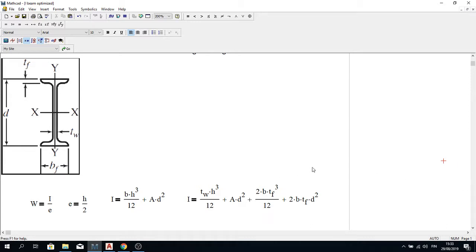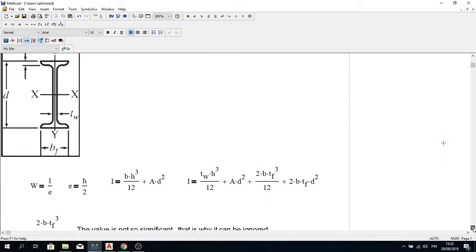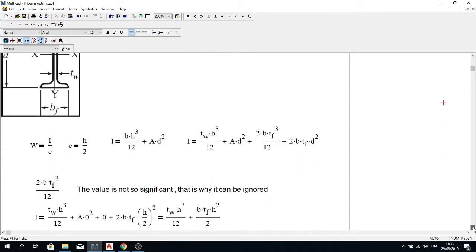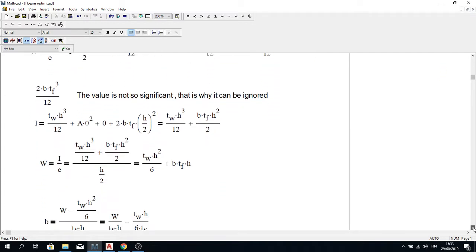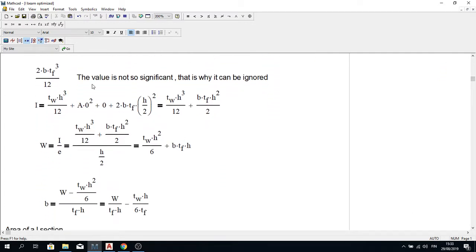And since the value is very small because the thickness of flanges is less than 10 millimeters, this will not have a lot of influence on the real result. So this is why this can be eliminated. So I will go a bit down. There I have mentioned the value is not so significant, that is why it can be ignored.